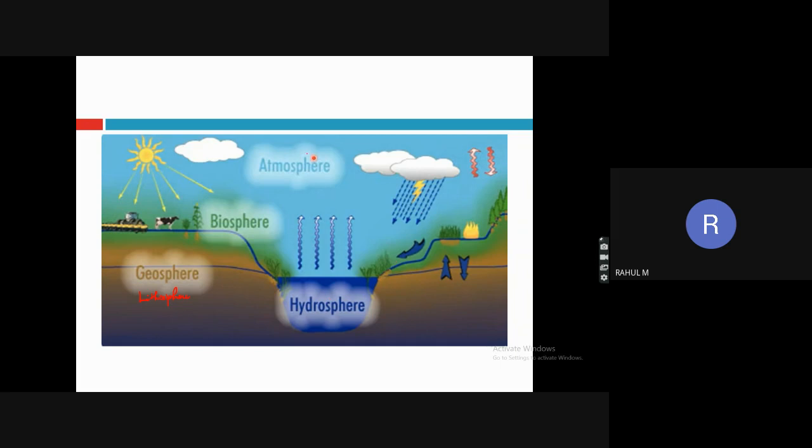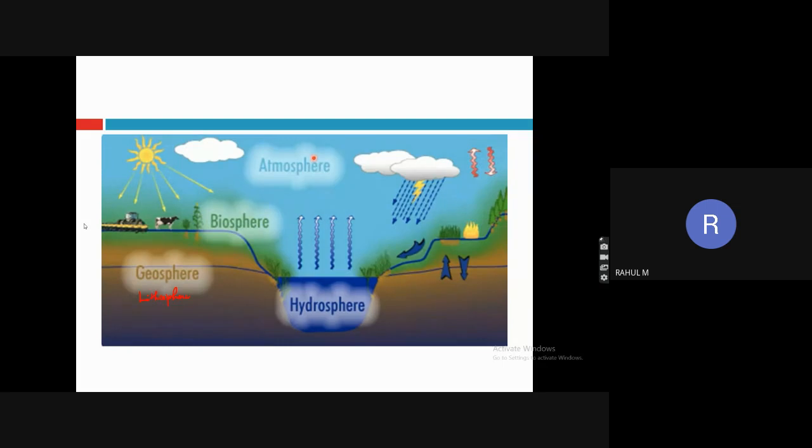The upward part is your atmosphere, and the combination of all these things makes life possible. So the biosphere, because life is there: the vegetation, trees, and the animals, all these things are part of the biosphere.